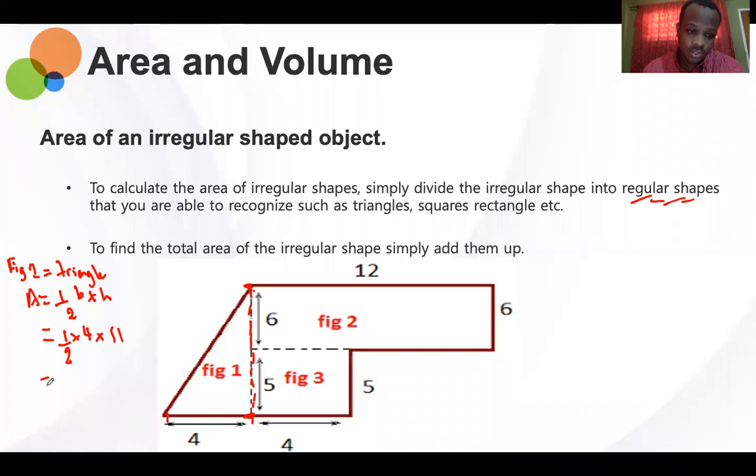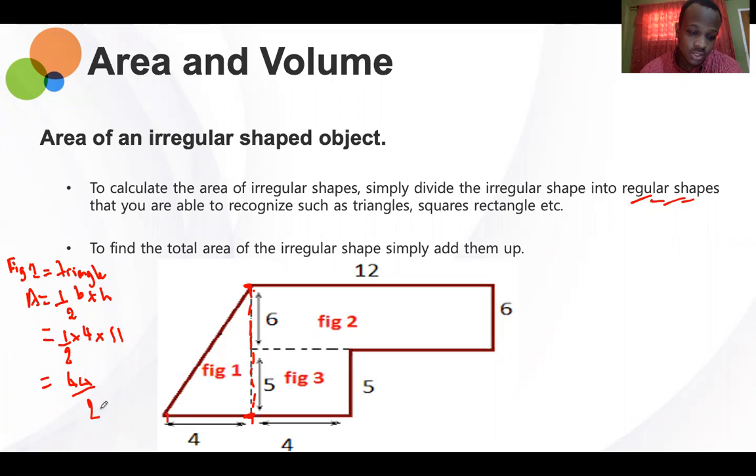So, get your calculators now. What is the value for this? 4 times 11 is how much? 44. So the answer is 22.